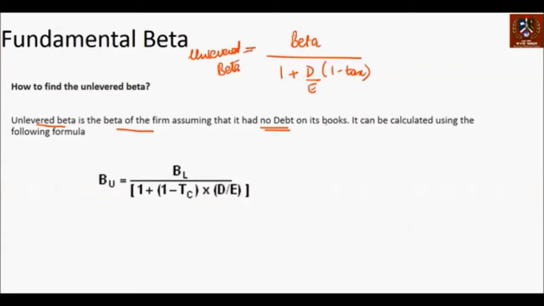Let's take a simple case where tax is 0 and debt equity is 2. So you take the beta of the firm, which is 1.5, you divide by 1 plus 2. So that's 1.5 by 3, you get 0.5. Unlevered beta tells you that if this same firm had no debt, then their beta would not have been 1.5, their beta would instead have been 0.5.